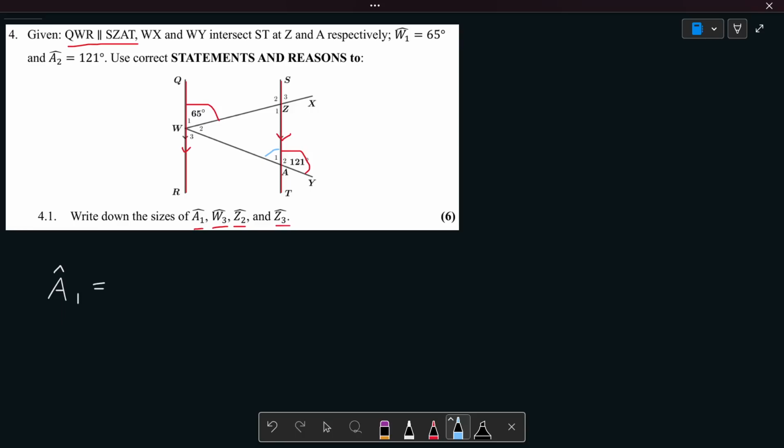So how do we find A1? You can clearly see that A1 and A2 are both on a straight line. So therefore, we can use the reason angles on a straight line. So we're going to say 180 degrees minus 121 degrees, and the reason is angles on a straight line.